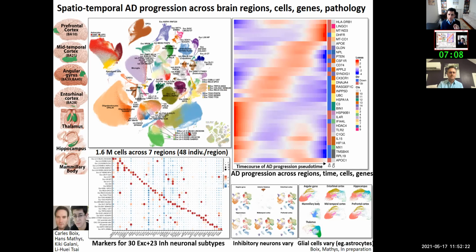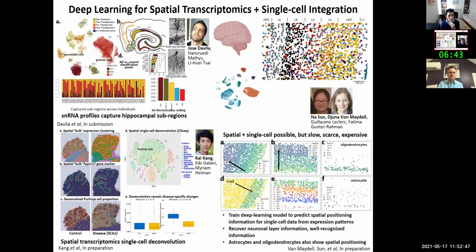Using this predictive signature, we're able to classify every cell as more transcriptionally advanced in Alzheimer's or transcriptionally healthy, and paint a time course of all of these millions of cells across brain regions and across individuals to understand what the genes are that act early, intermediate, or late in the disease progression for Alzheimer's disease.